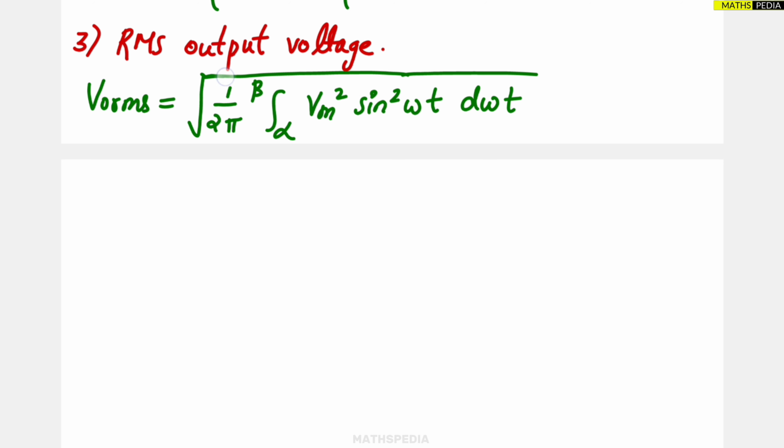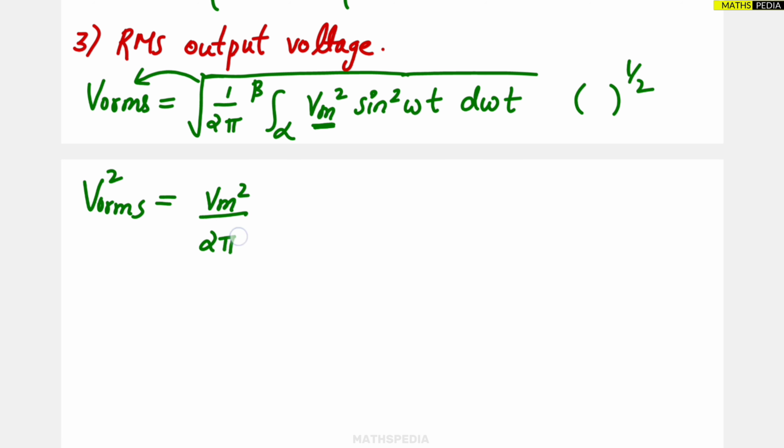Now, since this is a square root, it will get complicated. I am going to shift the square root towards the left side. It will become V out RMS square for the simplification purpose. Otherwise, you can take the square root itself, or you can take it as power half. That is also fine. Now here 1 by 2 pi, Vm square is constant, so Vm square you can take outside. By 2 pi is there. Now integration of sine square omega t, we don't have a direct formula.